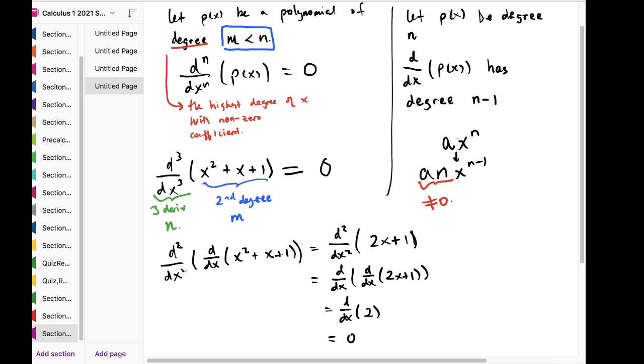If you only took 2 derivatives, you were left with 2. So there's something cool about polynomials: the derivative is very formulaic. You just subtract 1 from the degree of the polynomial. Okay, any questions on that?